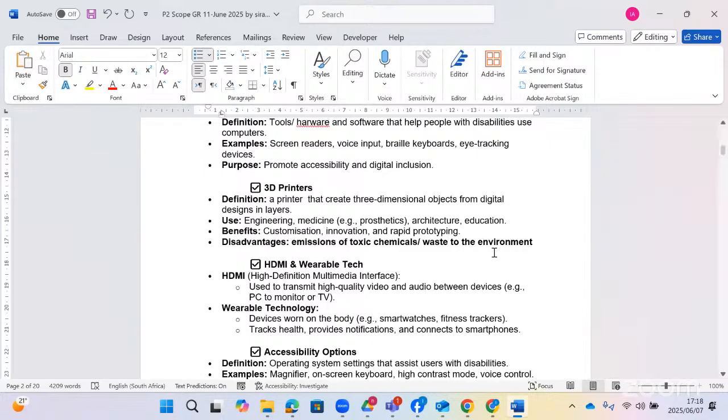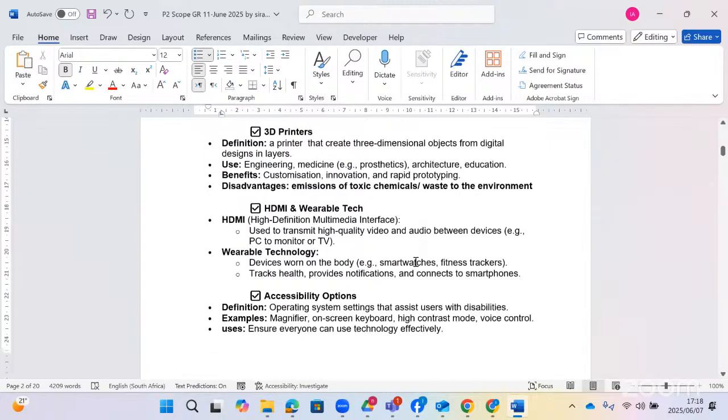Right. Now, we move straight to the HDMI and different wearable technologies. When you talk about HDMI, high definition multimedia interface, that is a type of cable or a port that allows one to transmit high quality video and audio between devices. In other words, they support both video and audio at the same time.